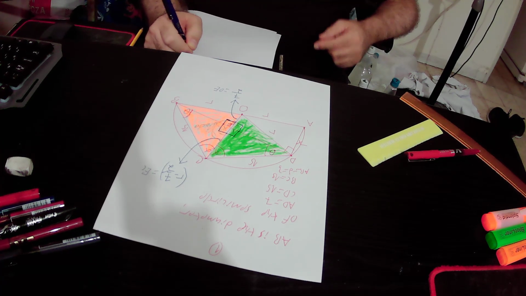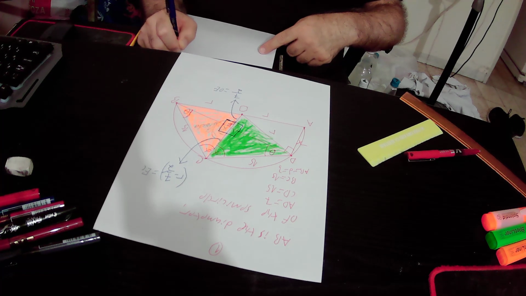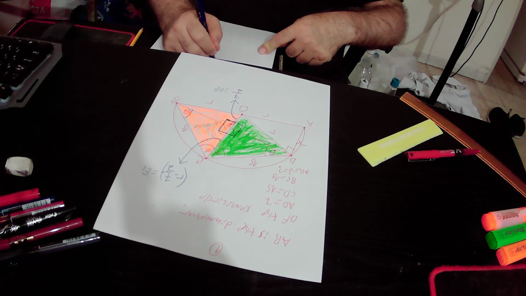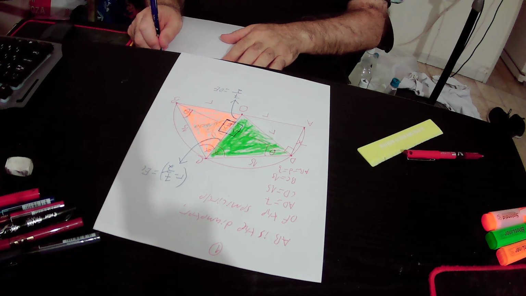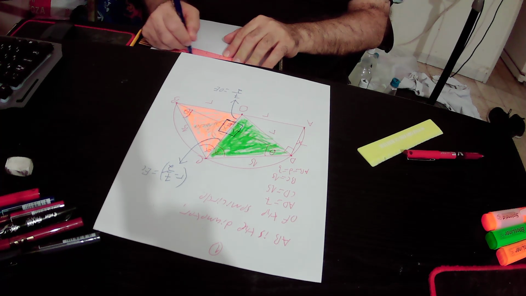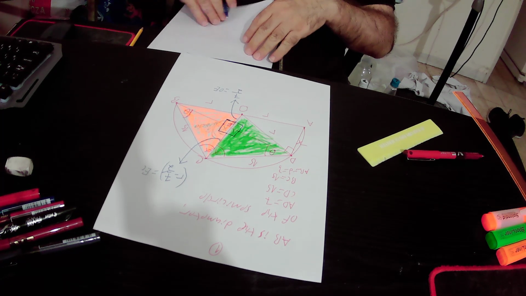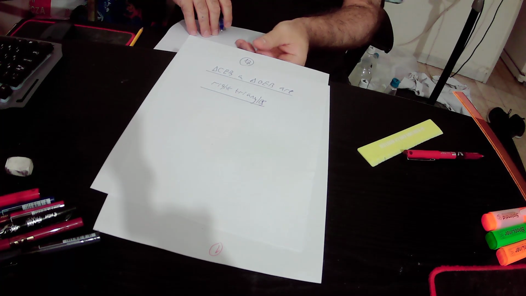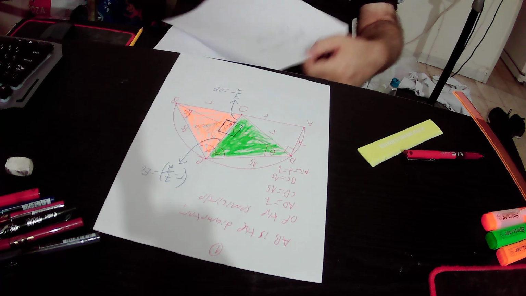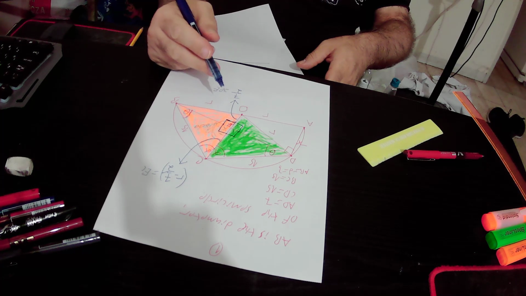And triangle OEB is also a right triangle, because angle OEB is a right angle.